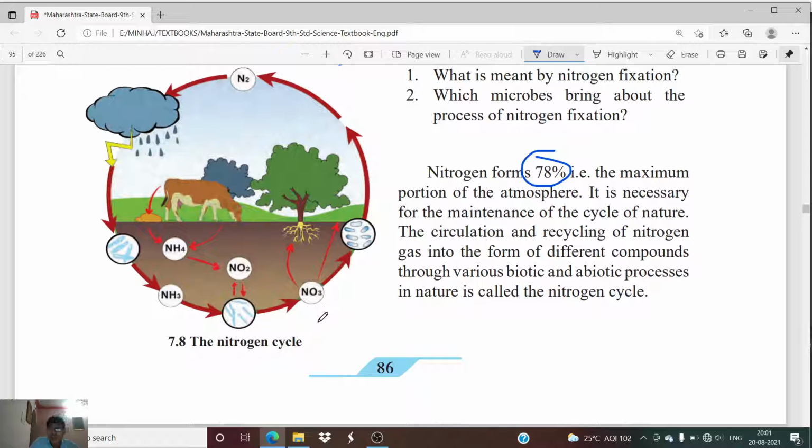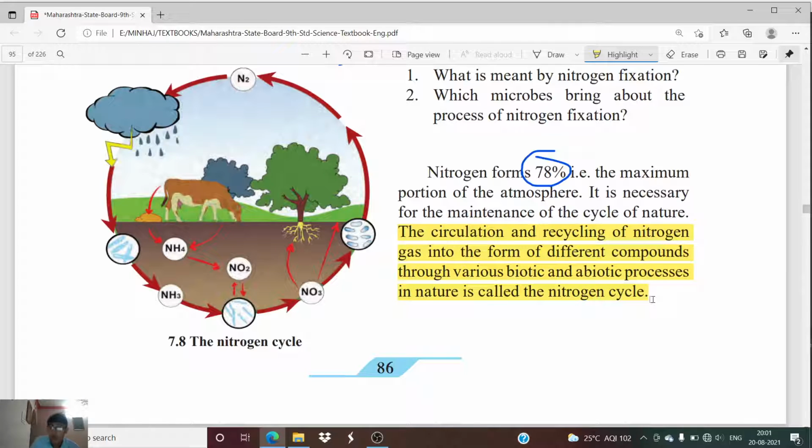The circulation and recycling of nitrogen gas into the form of different compounds through various biotic and abiotic processes in nature is called the nitrogen cycle. So what is the nitrogen cycle? It is the circulation and recycling of nitrogen gas, that is N2 gas, okay, into the form of different compounds through various biotic and abiotic processes in nature is called the nitrogen cycle.